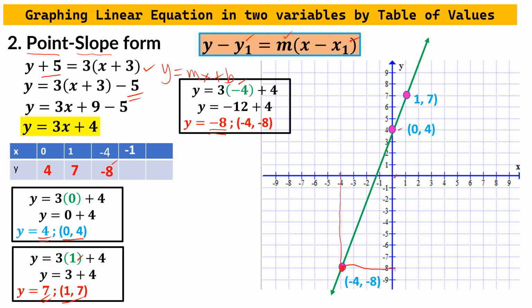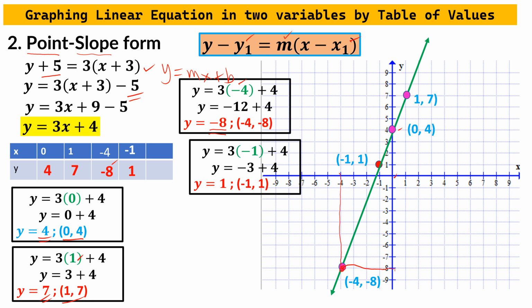What about if we have x equal to -1? What will happen if x is -1? Is it possible? Let us see. If x is -1, it is still on the line, and it will give you a y which is +1. Let us verify using the equation because this is the most accurate one.